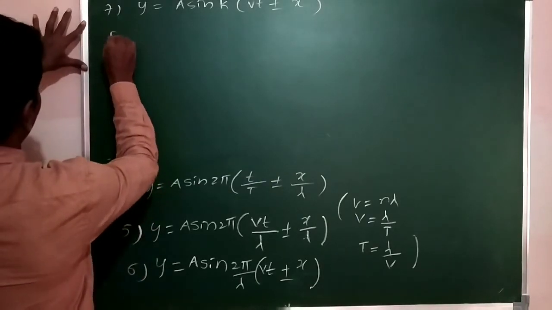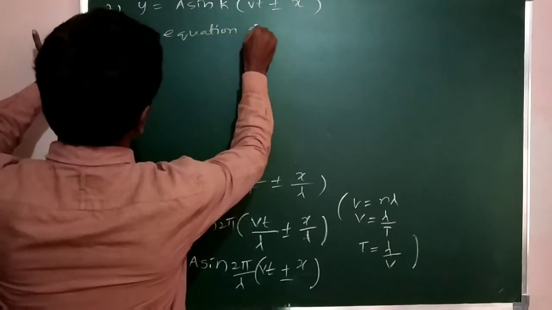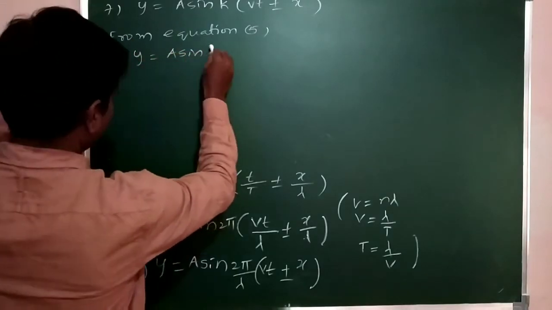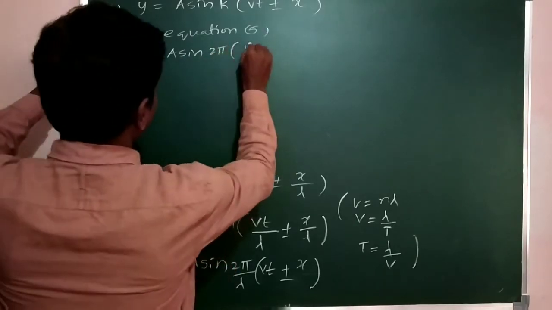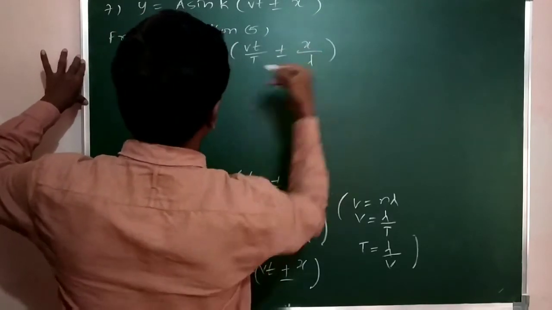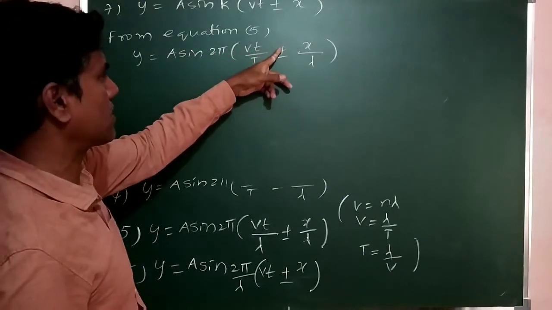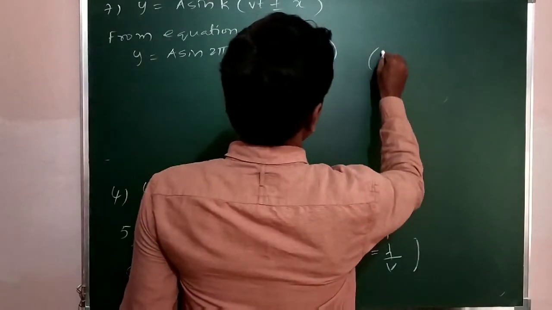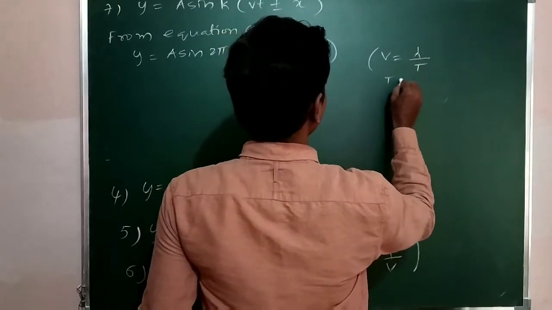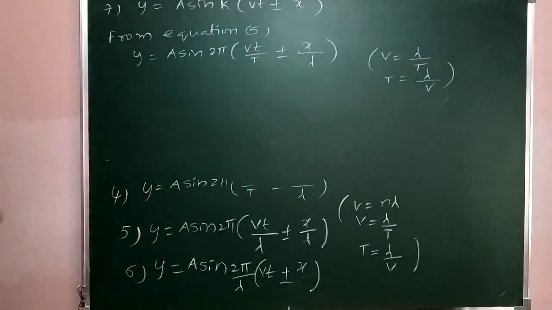So next one, from equation 5. Here is y equal to a sine 2 pi of vt by capital T plus or minus x by lambda. Here v is equal to lambda by T. We need to take capital T. T is equal to lambda by v.